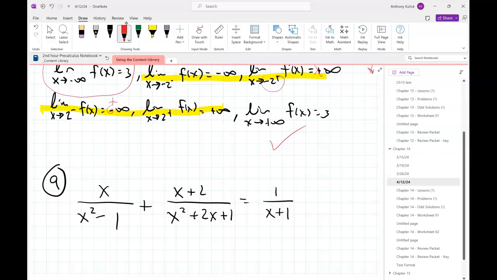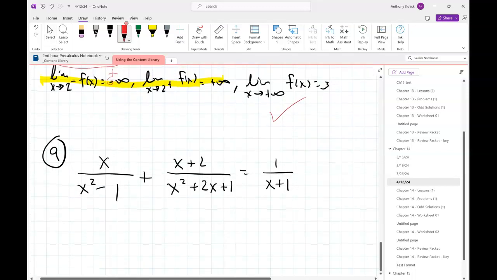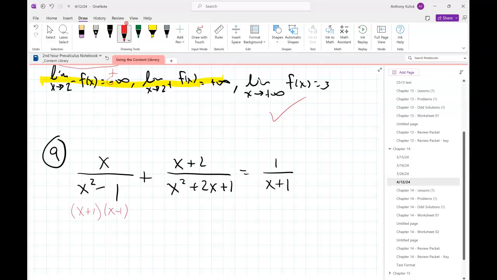Yeah, first thing we want to do is factor, right? Because the method we're going to use to do these solvings is to clear the fraction. So how does x squared minus 1 factor? (x plus 1)(x minus 1). How does x squared plus 2x plus 1 factor? (x plus 1)(x plus 1), right?